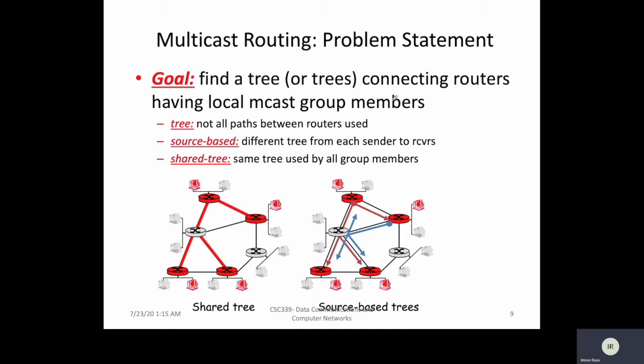Multicasting means that we have to send a copy of your packet to some selected nodes, but not all the nodes in the network. So that's why the multicast routing problem is a subset of broadcasting, right?